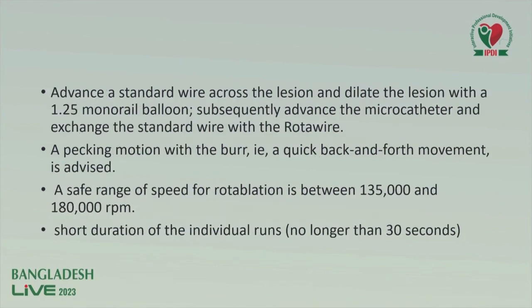A pecking motion of the burr, that is quick back and forth movement, is always advised, and the rotation speed of the burr ranges from 135,000 to 180,000 RPM. For the short duration of ablation, we usually follow less than 15 seconds, but it should be no longer than 30 seconds.